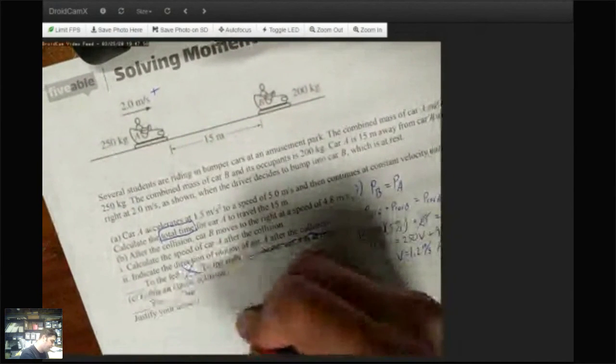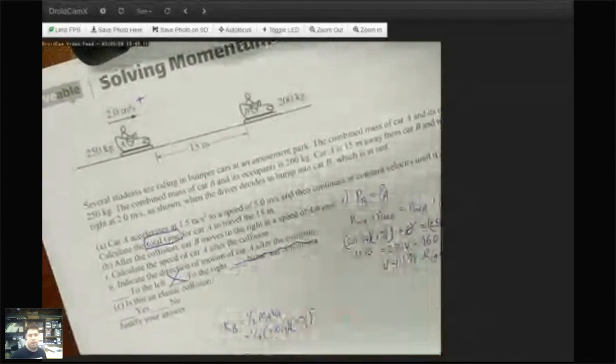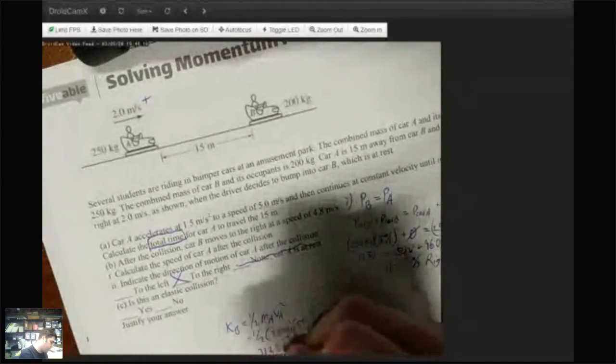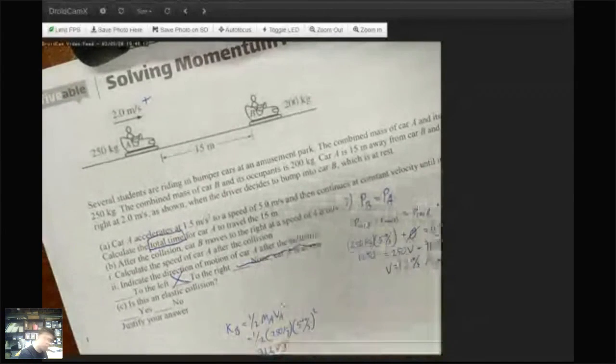The kinetic energy before the collision, well, the only thing moving was car A. So I have to do 1/2 m_A v_A squared. So that's 1/2 of 250 kilograms times 5 meters per second squared, and that comes out to be 3,125 joules of kinetic energy.